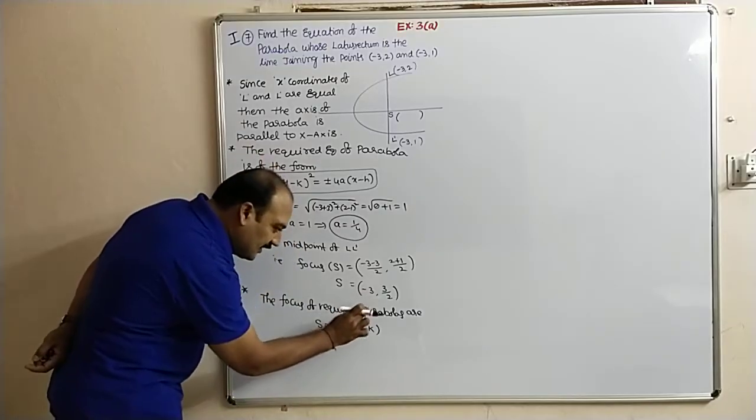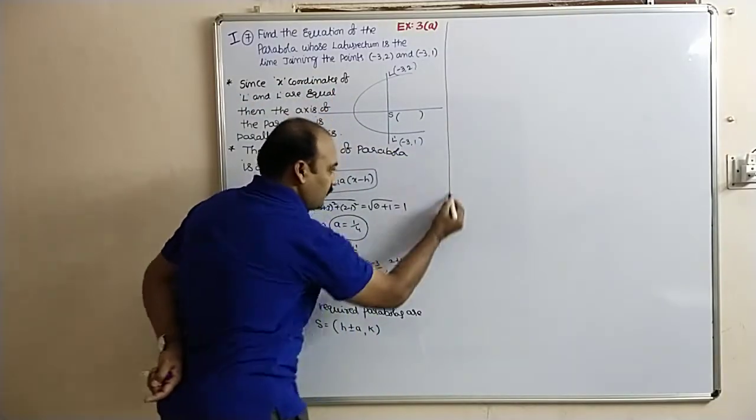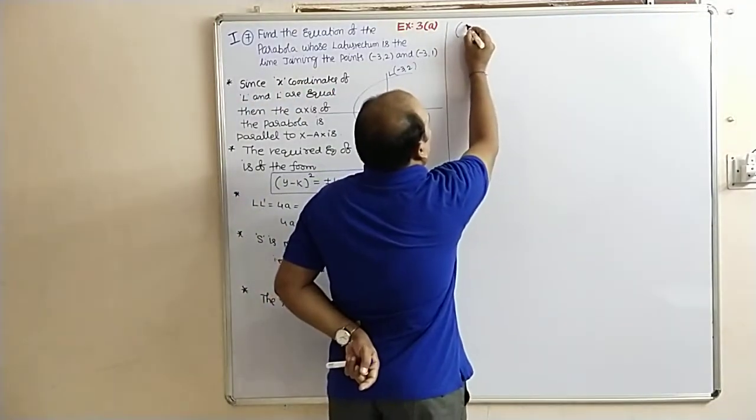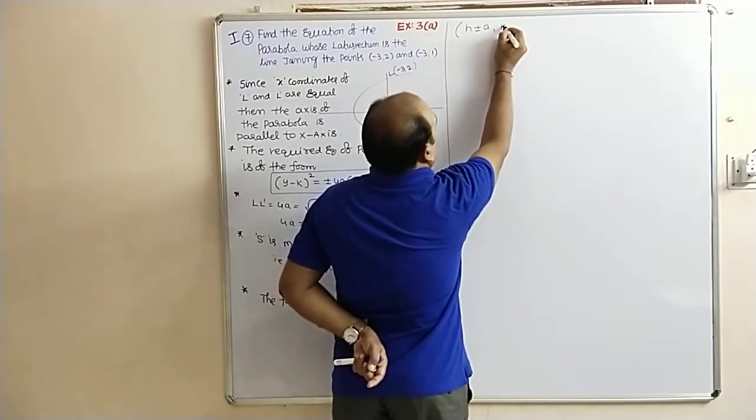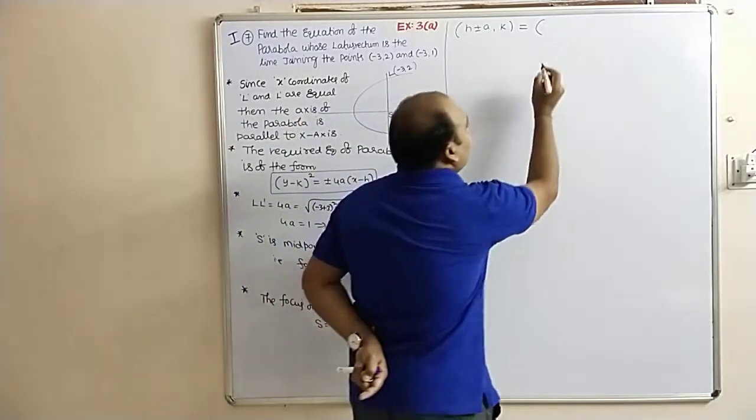So now by equating, two cases will arise. One is h plus or minus a comma k is equal to, what is S we got it here, minus 3 comma 3 by 2.